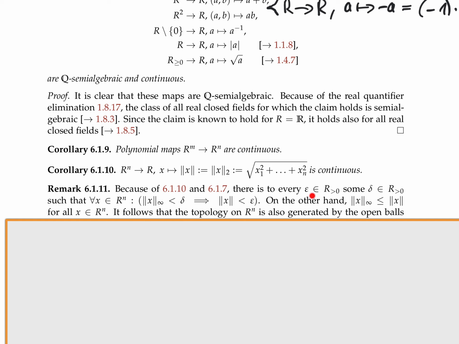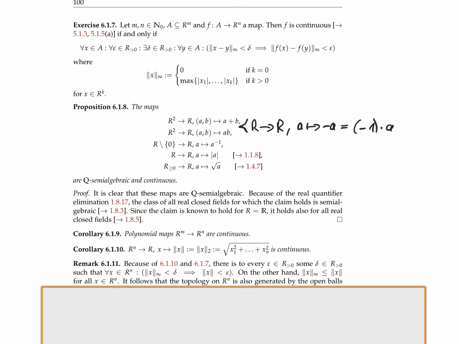There is, to every epsilon, a delta. So I use just continuity at 0. I take x_0 equal to 0.